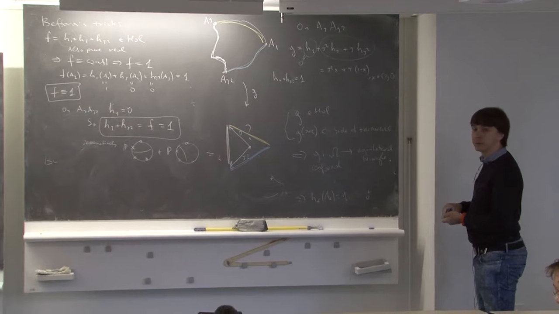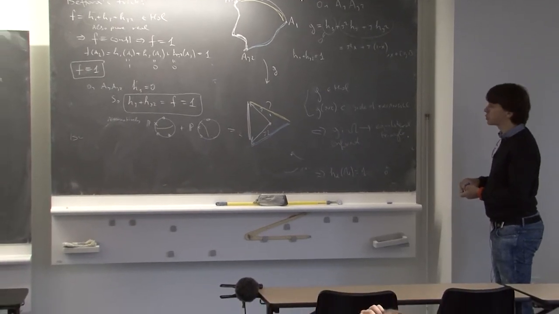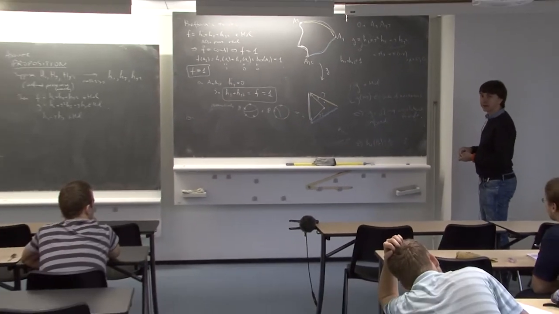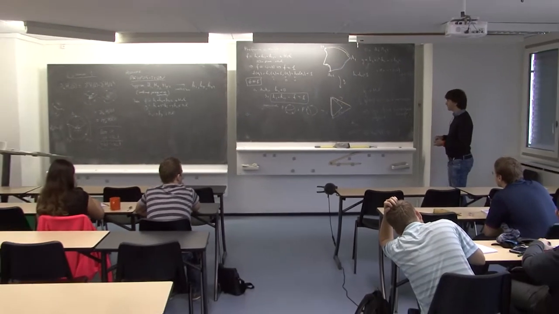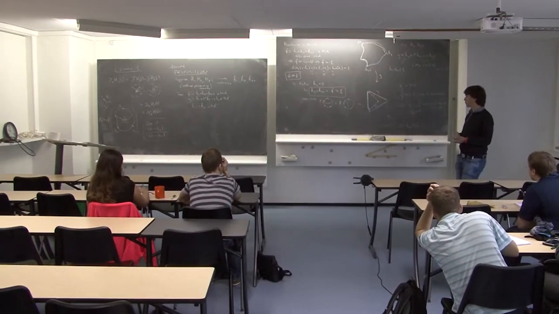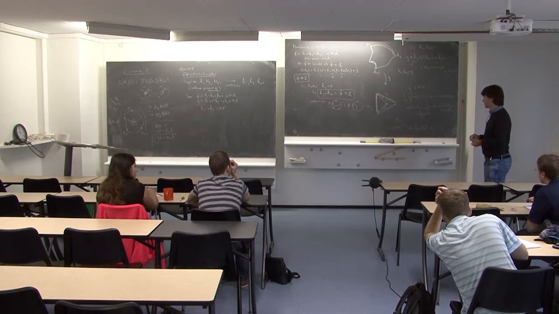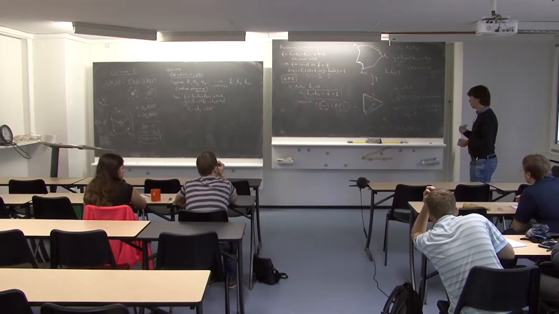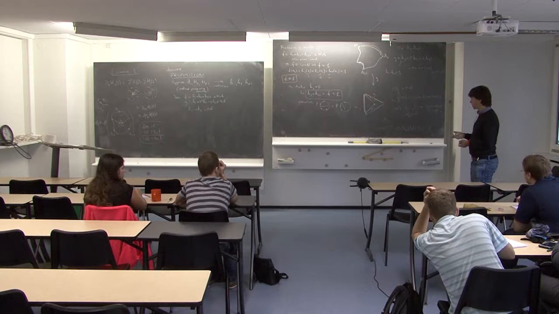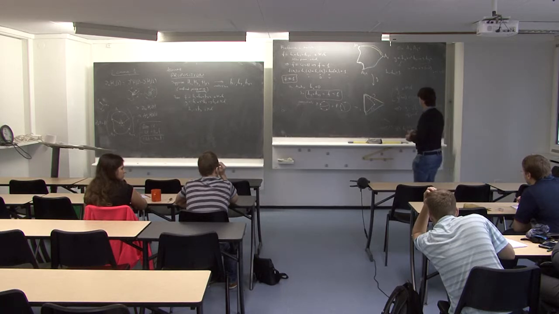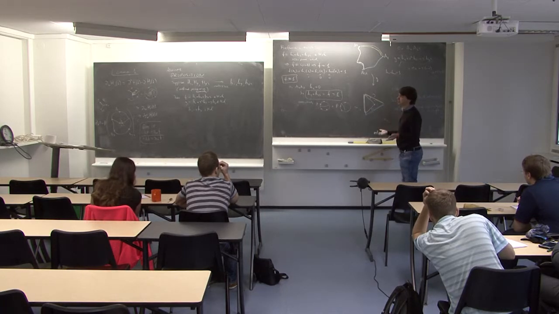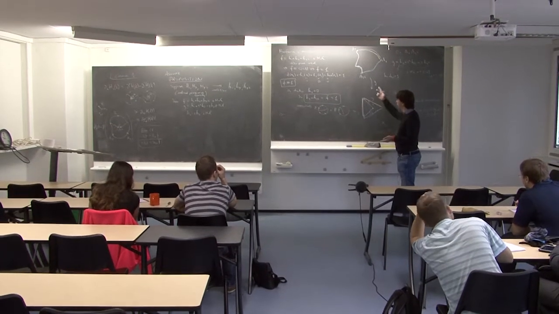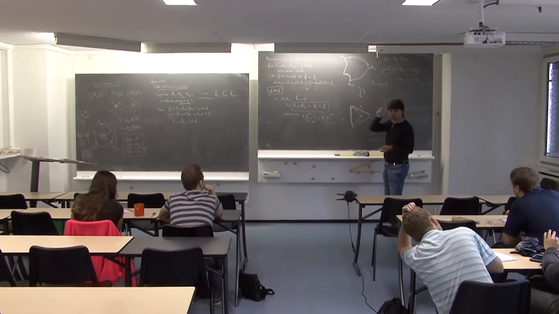So it is 1-to-1 because the winding number is 1? Yes, it's conformal because the winding number is 1. So we have a holomorphic function, and what we know about the boundary is that our function is Hölder continuous.